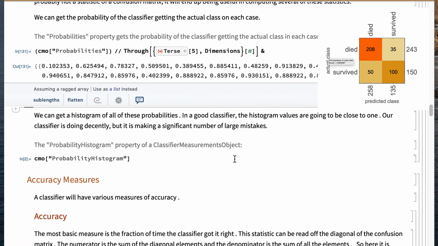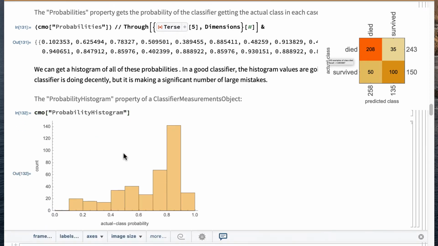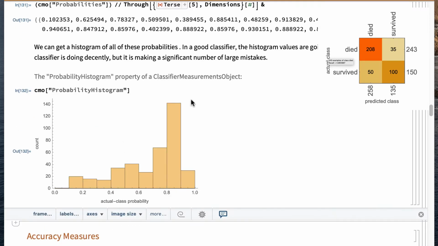So one thing you could also do is make a histogram of those probabilities. To do that, you use the probability histogram property. And ideally, you'd like everything to be a 1. That is, it was very confident of its answer every time it got it right. So these are instances here, for example, where it got it right probably, but it wasn't very confident.